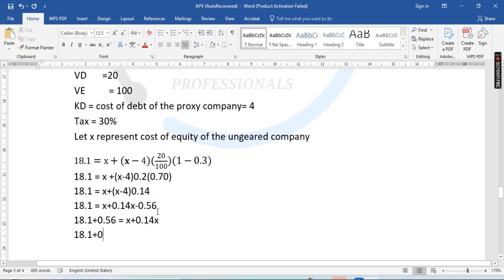0.4 times this, you have minus. You bring this onto this side. You have this. Okay, that's fine. So this is 0.56 equals to this. x is 1 now.